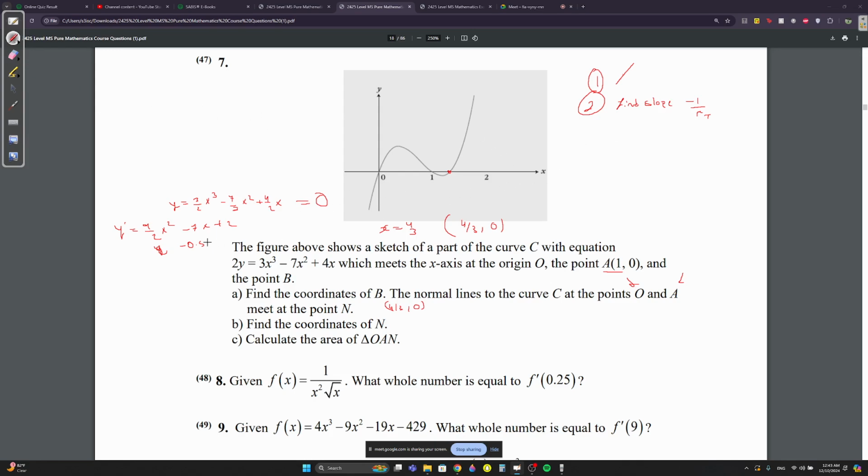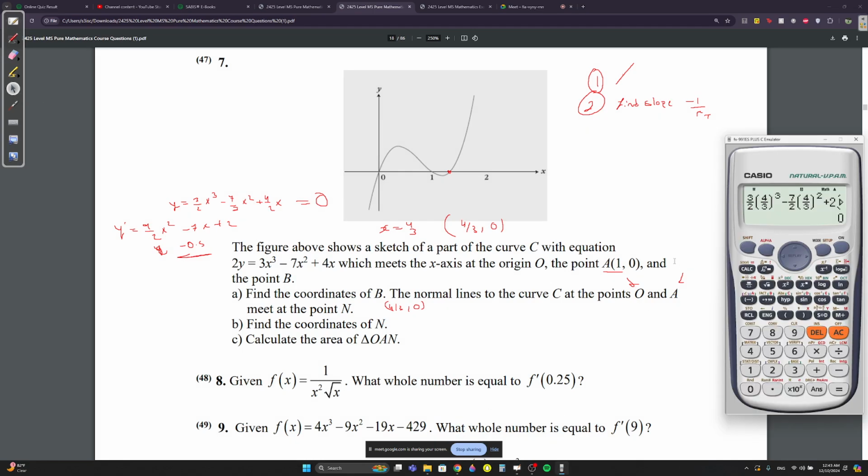So the first slope is minus 0.5. Then the second one at x equals 4 over 3: 9 over 2 times 4 over 3 squared, minus 7 times 4 over 3, plus 2, gives 2 over 3.